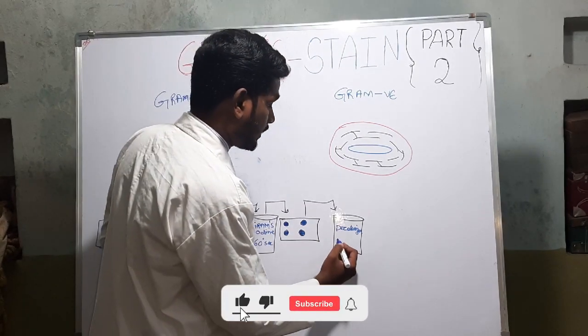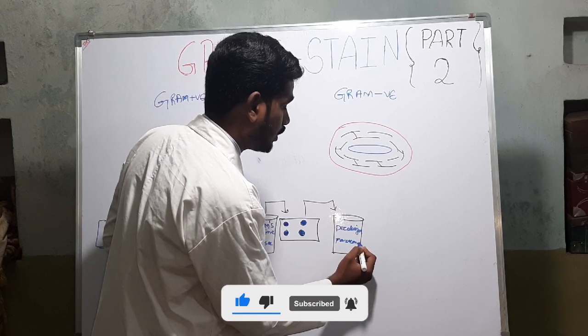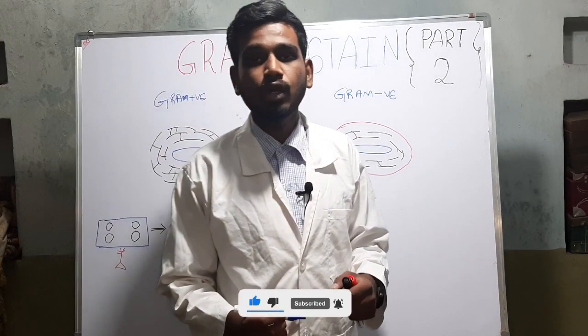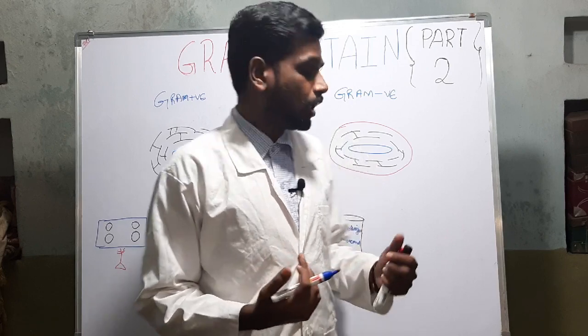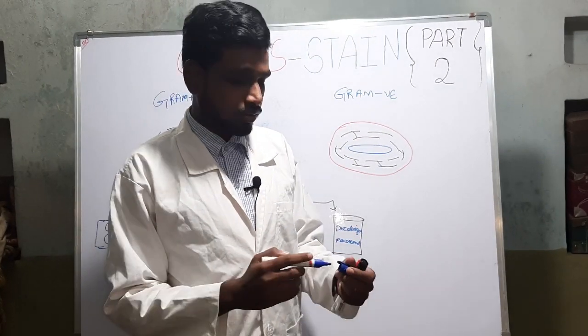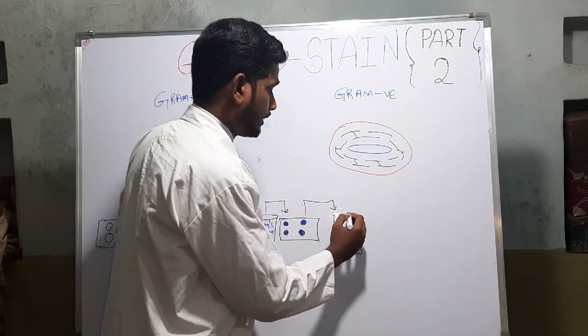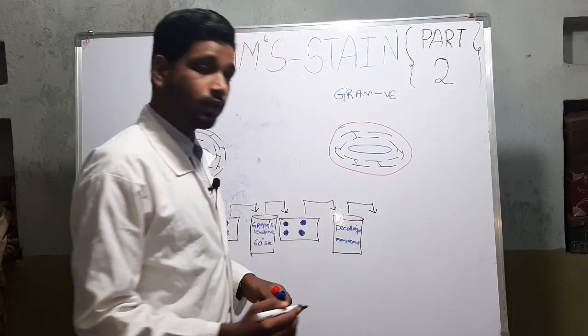It is going to last for a few seconds. Now you should be very careful. You should not exceed the timing in the decolorizer, or it may de-stain the slide. So again you rinse the slide under running tap water.